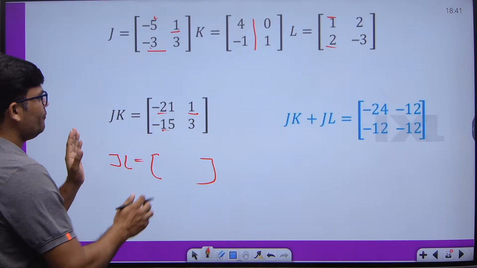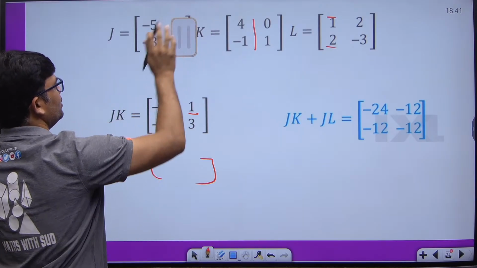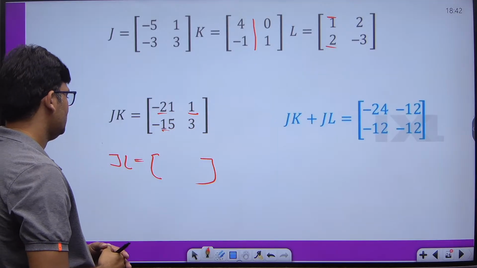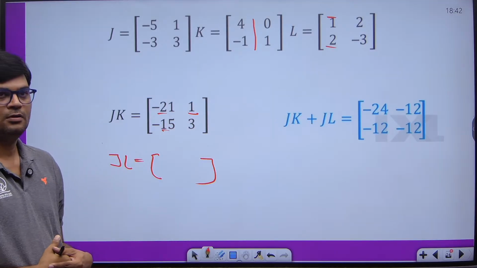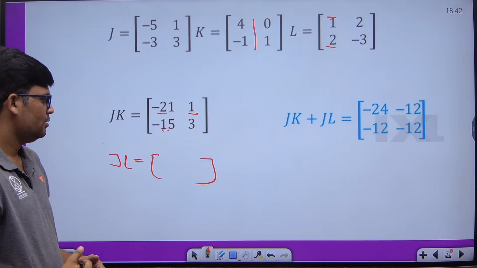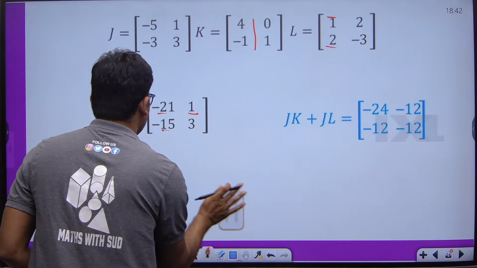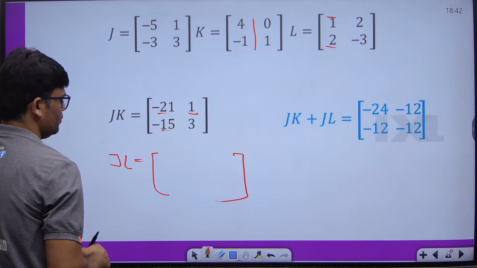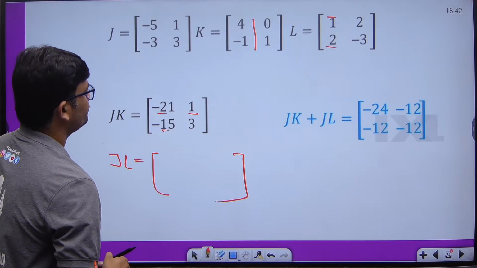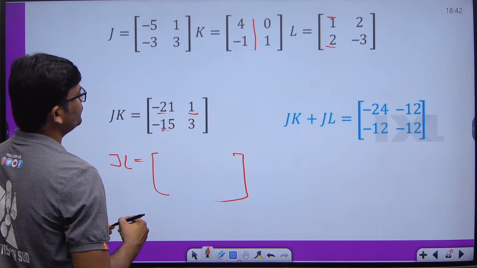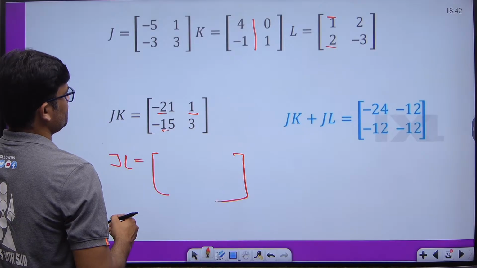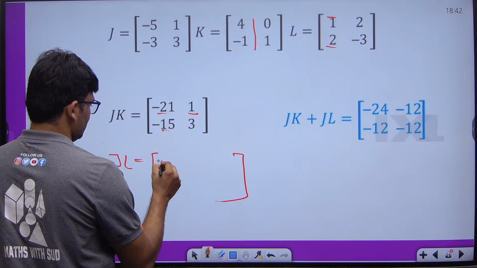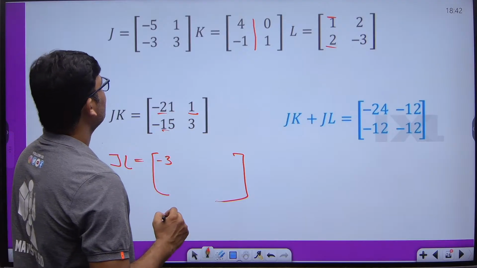So write J first. Write J matrix. Then write the L matrix together. You keep telling me what came in the first row, first column, and the first row, second column. First row into first column. So minus 5 into 1 plus 1 into 2. So 3. Negative 3.